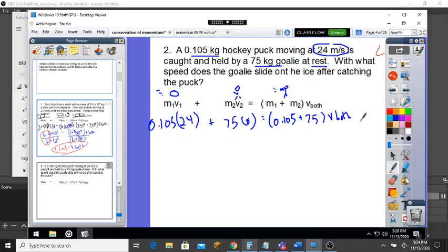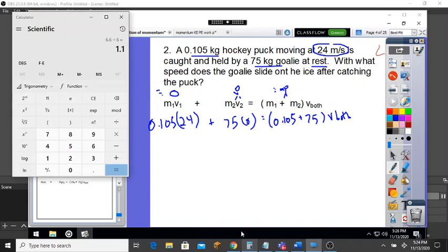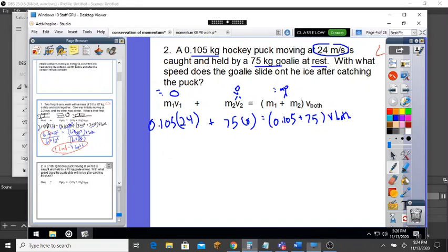So we have all the numbers set up. Let's break it down. 0.105 times 24 gives me 2.52. This is nice, right? 75 times 0 is 0. This is nice too. 0.105 plus 75 is 75.105, when you add both of them.